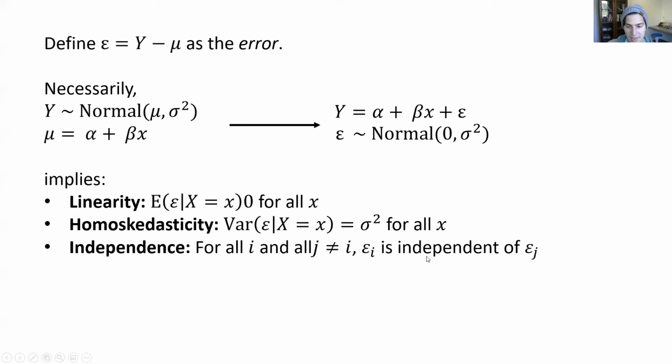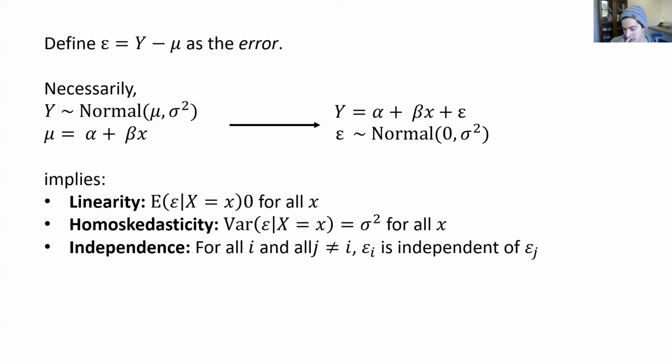We have the independence assumption, the assumption that the errors are independent of each other. It means that if I told you the expectation of the error at x equals 4 or something, you would not be able to tell me anything additional about the expectation of the error at x equals 5.